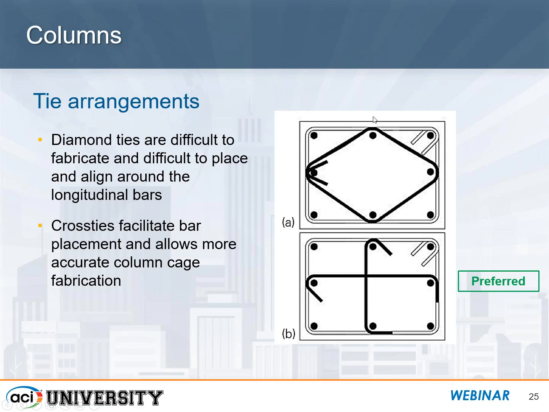So again, if at all possible, we would try to avoid this. And looking at this detail, it's telling me that the clear spacing between the longitudinal bars is greater than 6 inches. So I need those cross ties in order to satisfy the ACI 318 requirements for lateral support of those longitudinal bars.